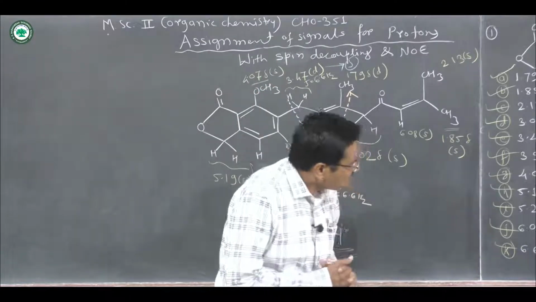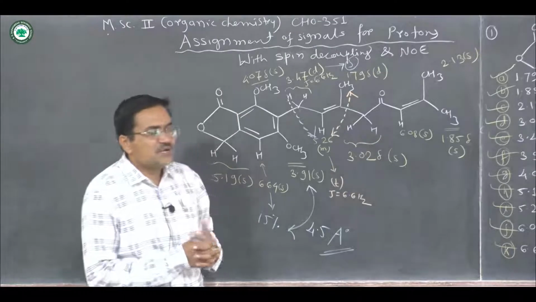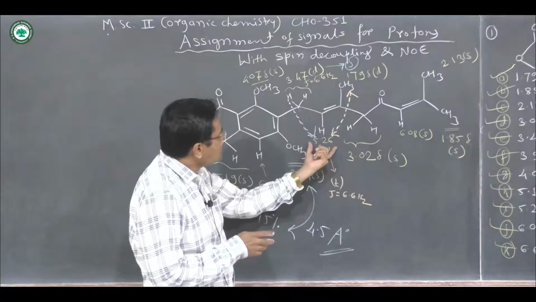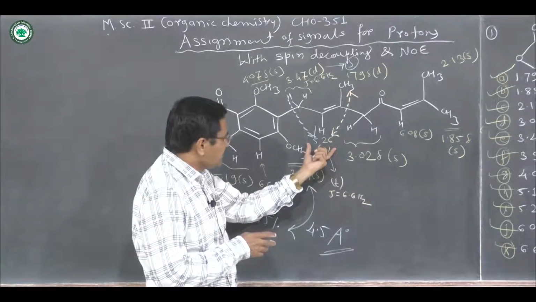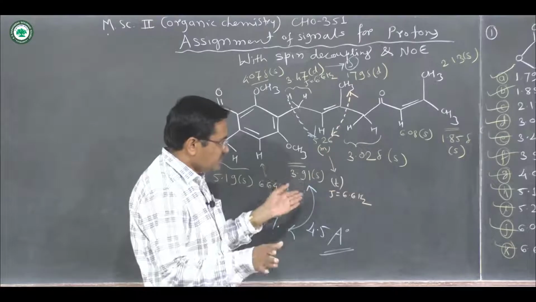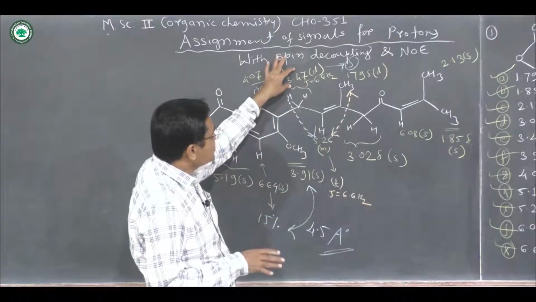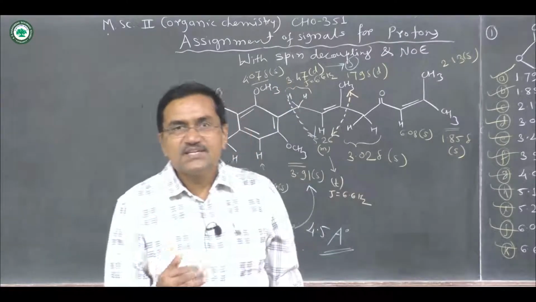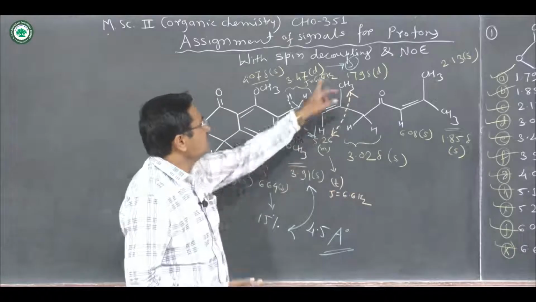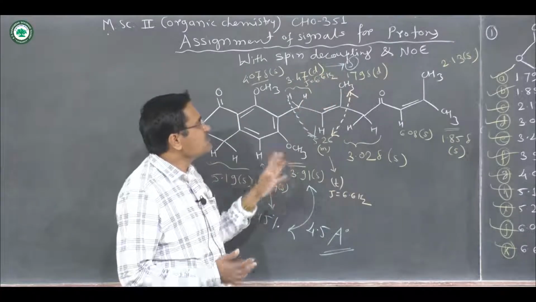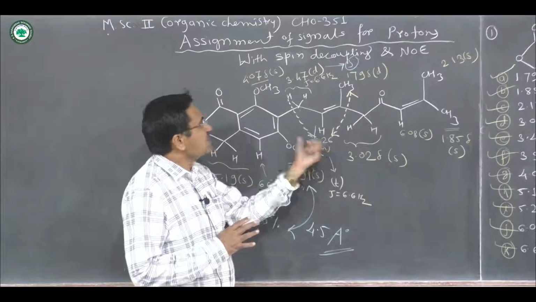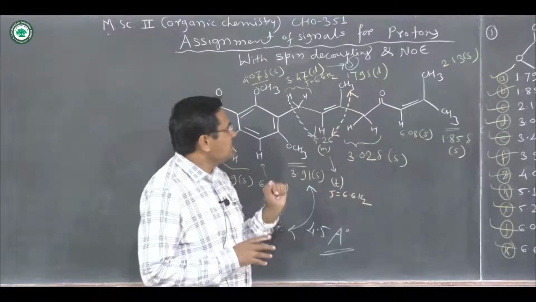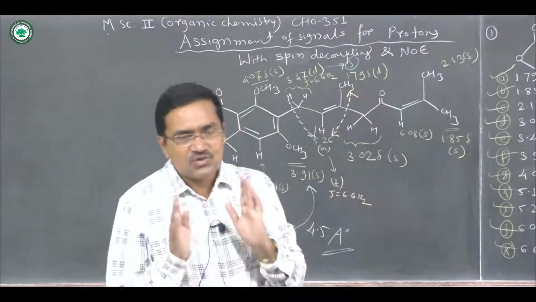When 5.26 is double irradiated, no coupling takes place between 3.47 and 5.26, so 3.47, originally a doublet, falls to a singlet. This proves that 5.26 and 3.47 are coupling partners, as are 1.79 and 5.26.